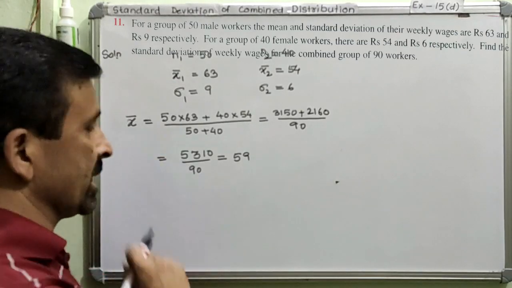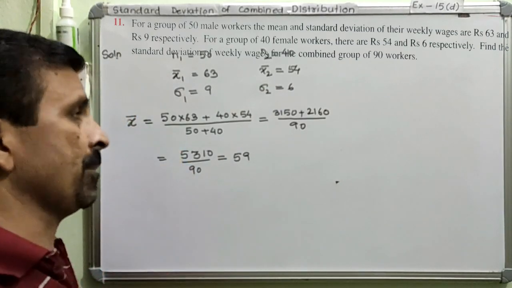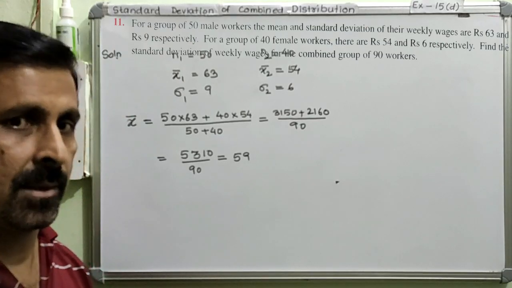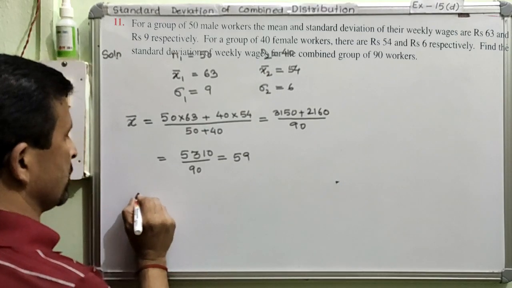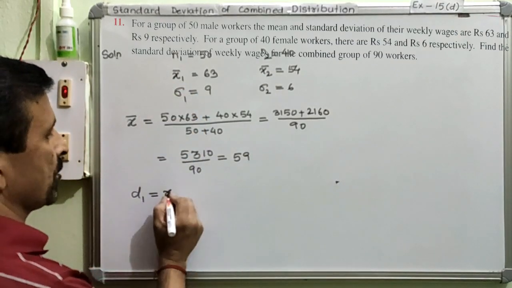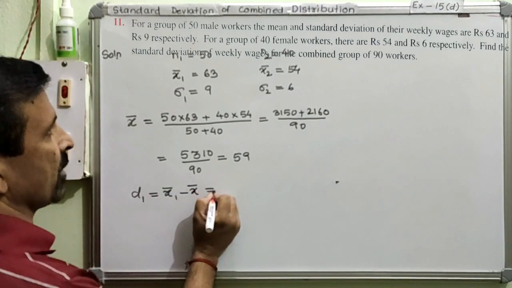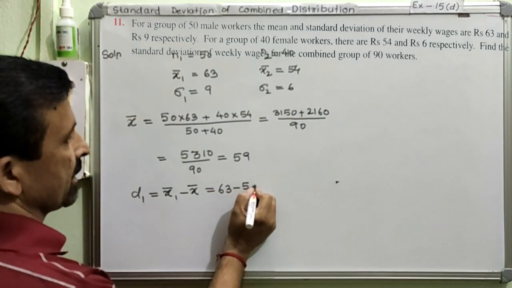Now why are we calculating this combined mean, you also have to know, right? The purpose of calculating this combined mean is so that we can calculate the value of deviation from the mean, that is the value of D1 and D2. So we are now going to calculate D1. D1 is x1 mean minus combined mean, this is 63, this is minus 59.